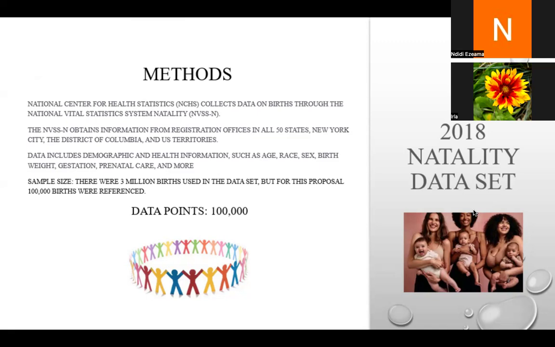The NVSS obtains information from registration offices in all 50 states, New York City, the District of Columbia, and U.S. territories. The sample size that we have used was 3 million births in the data set, but for this proposal specifically, we are using 100,000 births. And that would be our data points as well, 100,000 births.